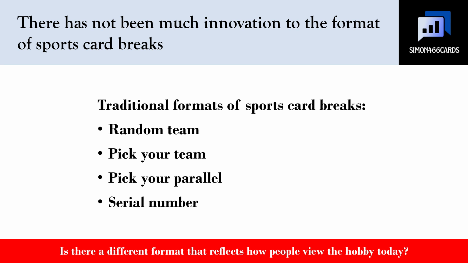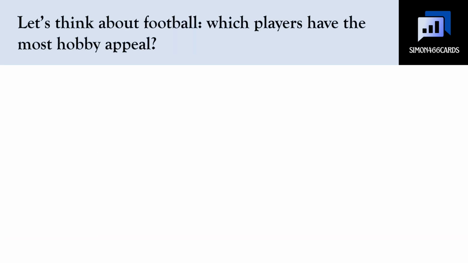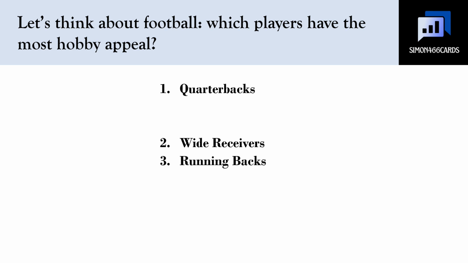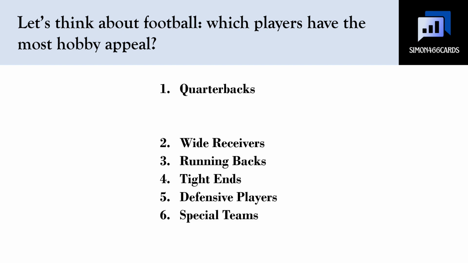So what does that mean? What is this idea I have? So let's start off with the NFL. Let's talk about football players. Which ones have the most appeal in the hobby? The answer obviously is quarterbacks, and it is a big drop off to wide receivers. And then after that, you have running backs, you have tight ends, you have defense players, and then you have special teams. But it's a huge gap between quarterbacks and every other type of player, right?